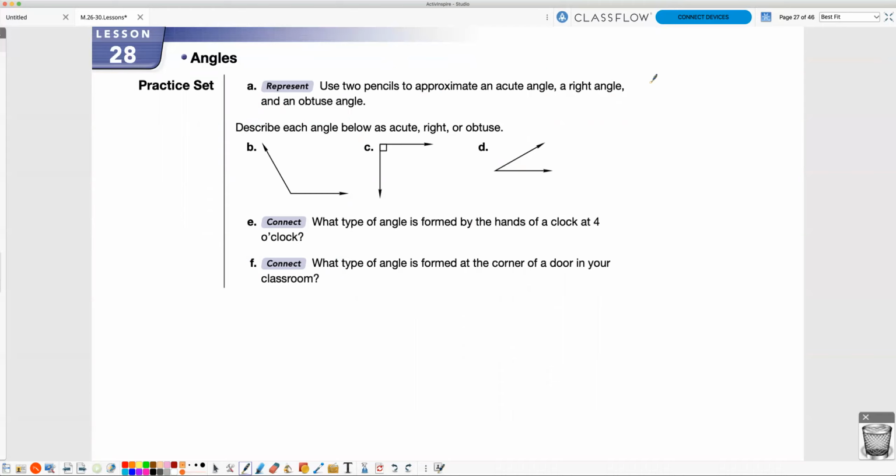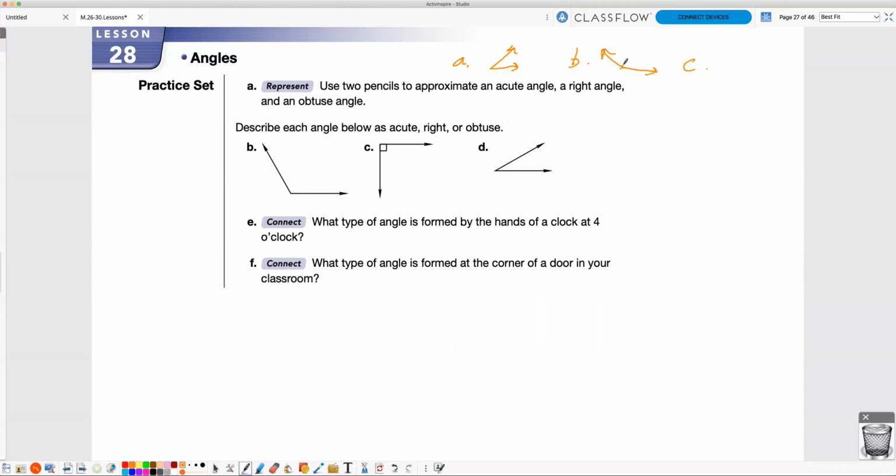So in this case, let me just give you this. If we've got A, B, and C, name which one would be the acute angle out of these three.